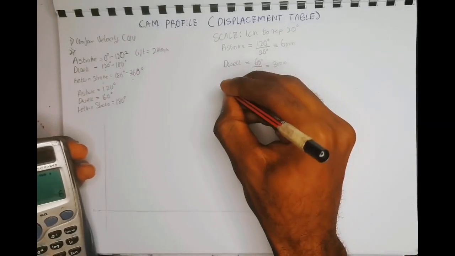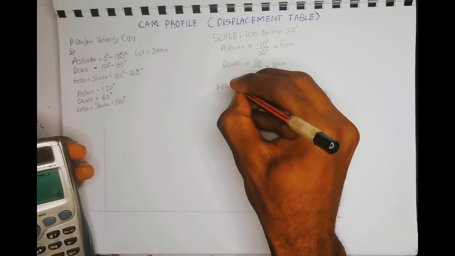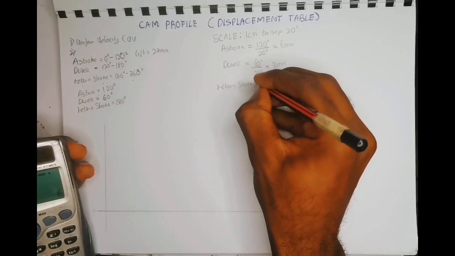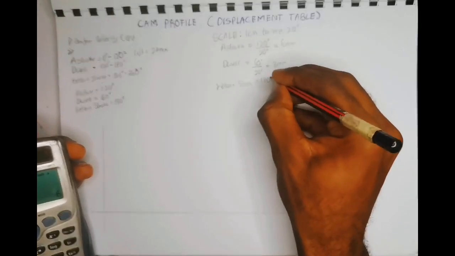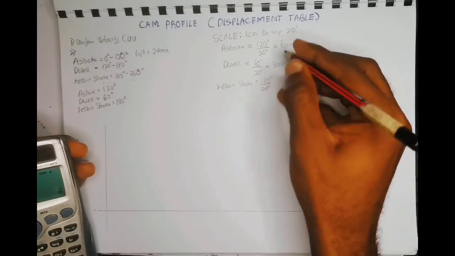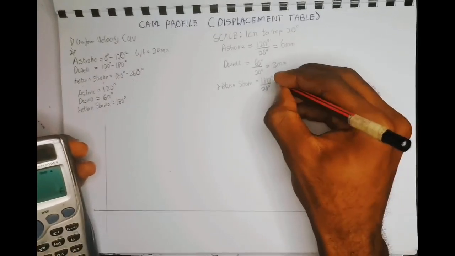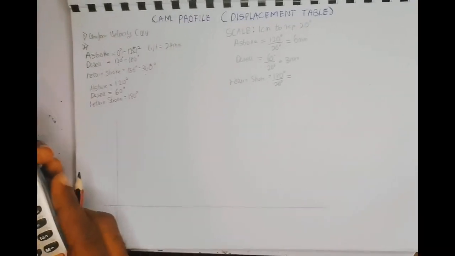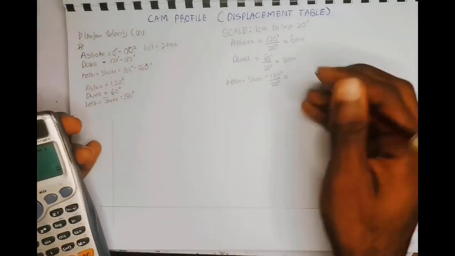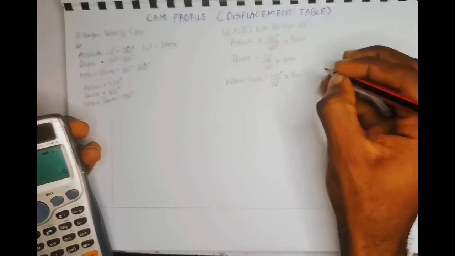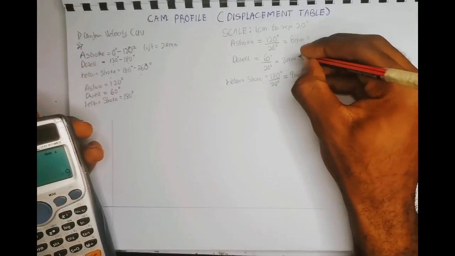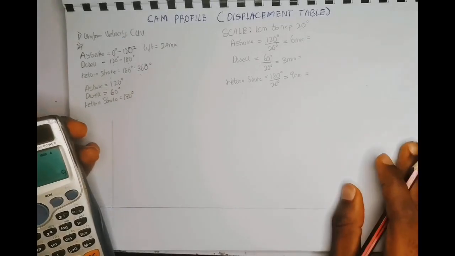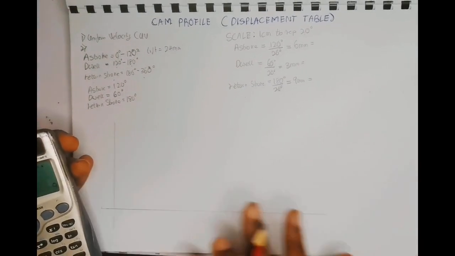And the return stroke, which is 180 degrees divided by our scale of 20 degrees, gives us just 9 millimeters.